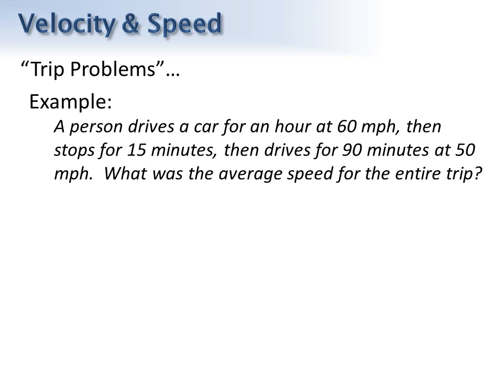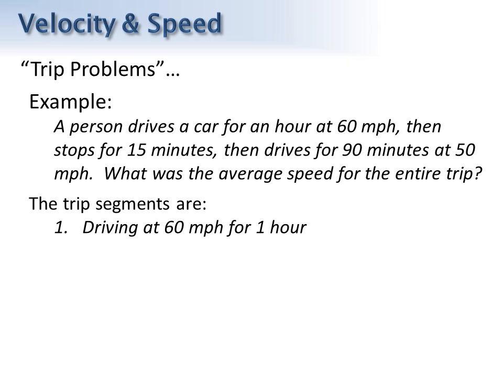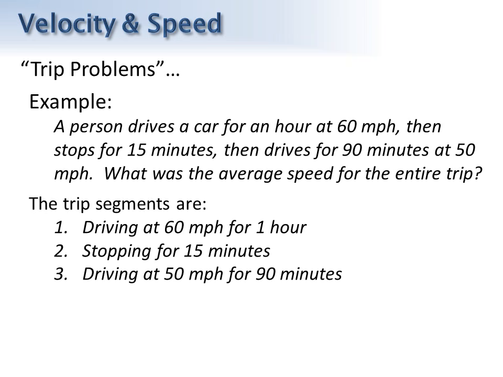What's the average speed for the entire trip? So you would look at this and recognize that there are three time segments. There's one where the driver is going at 60 miles per hour for an hour, then stops for 15 minutes, then drives at 50 miles per hour for 90 minutes.